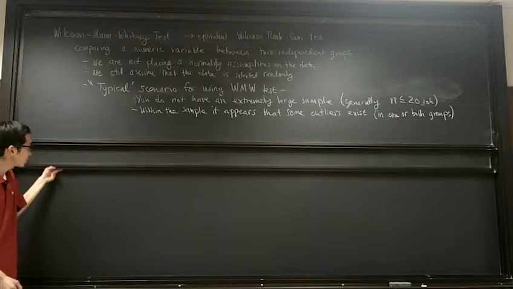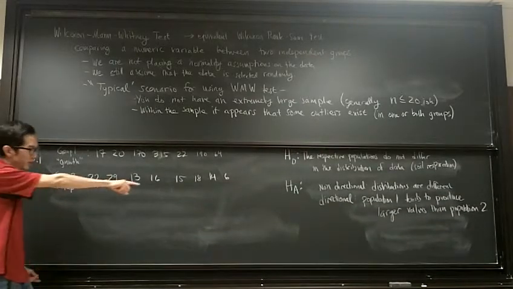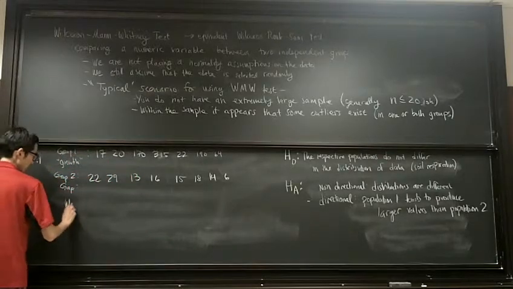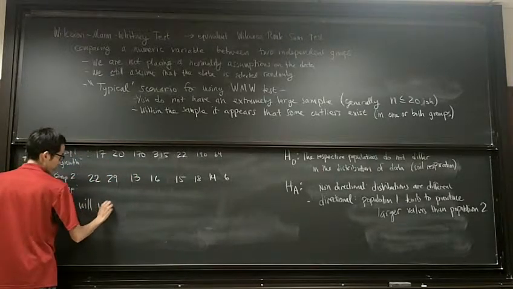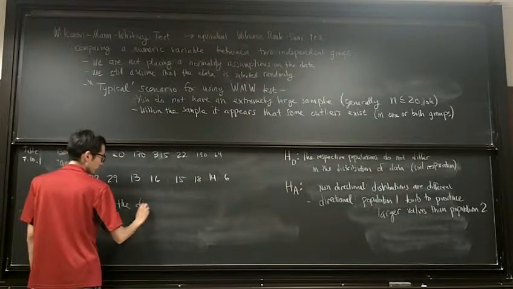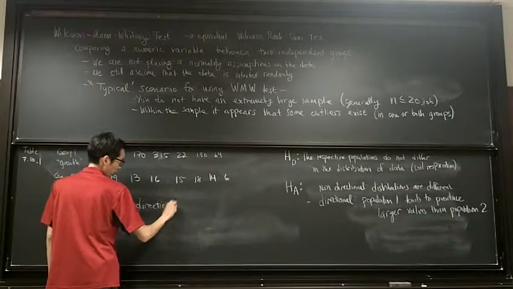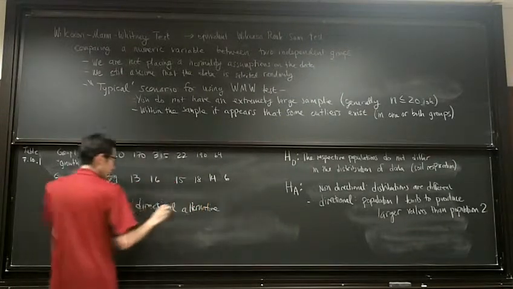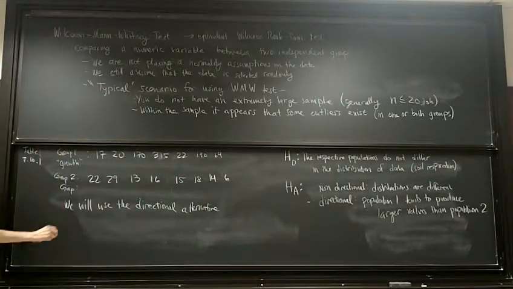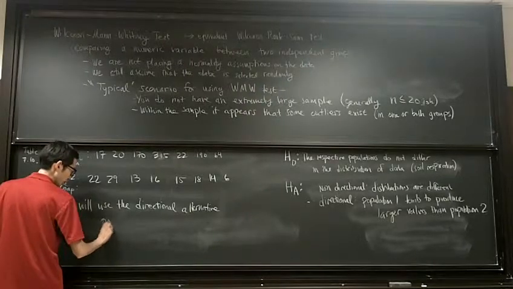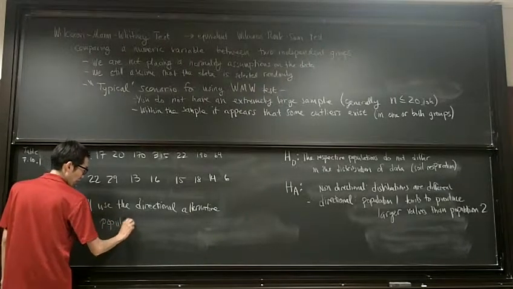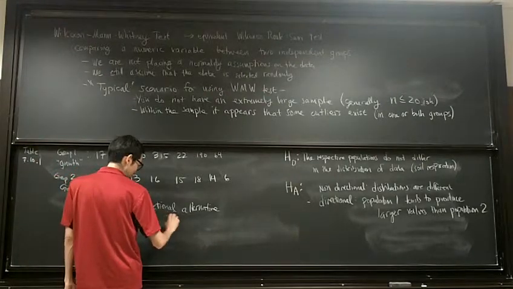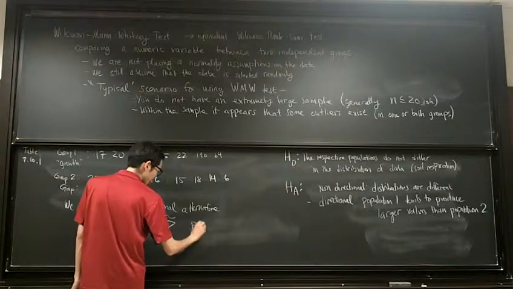So here we'll continue our test using the directional alternative, the direction being that group 1, or population 1, tends to be larger than population 2.